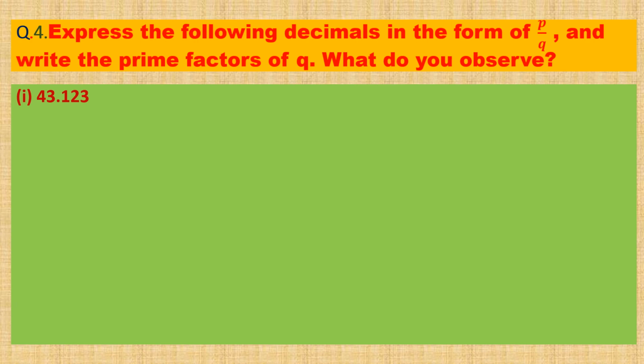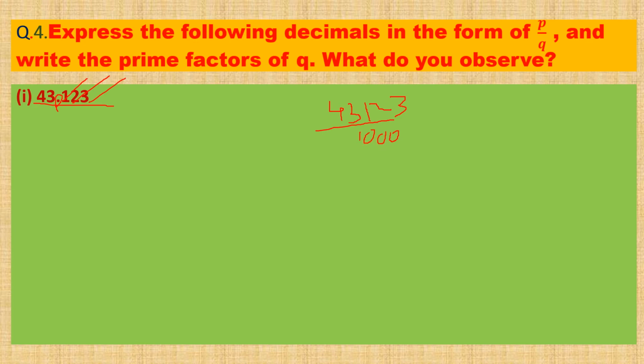Simple, children, see here. Decimal to p by q means: 43123, you should write the complete number. Forget about the decimal. Write the complete number and put zeros. How many zeros should we put here? After the decimal there are 3 digits, so you should put 3 zeros, 1, 2, 3.